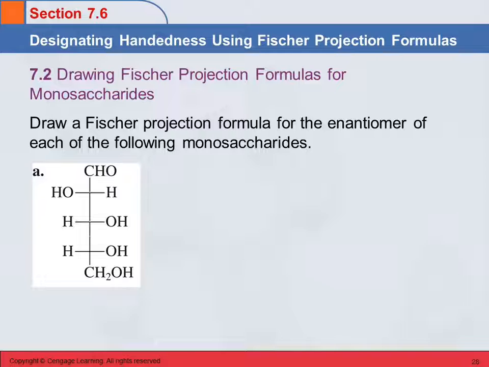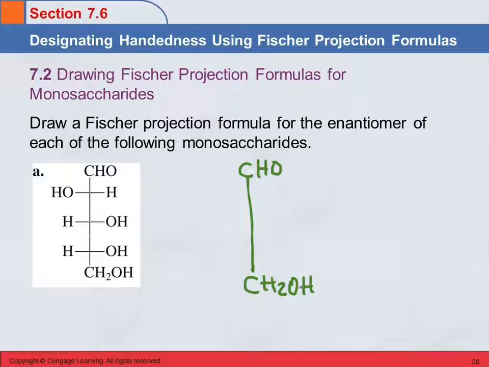Let's draw some Fischer projections. Draw a Fischer projection for the enantiomer of each of the following monosaccharides. The enantiomer is the mirror image. So to draw the mirror image, I'm going to put the top and the bottom the same, because those carbons are not chiral.